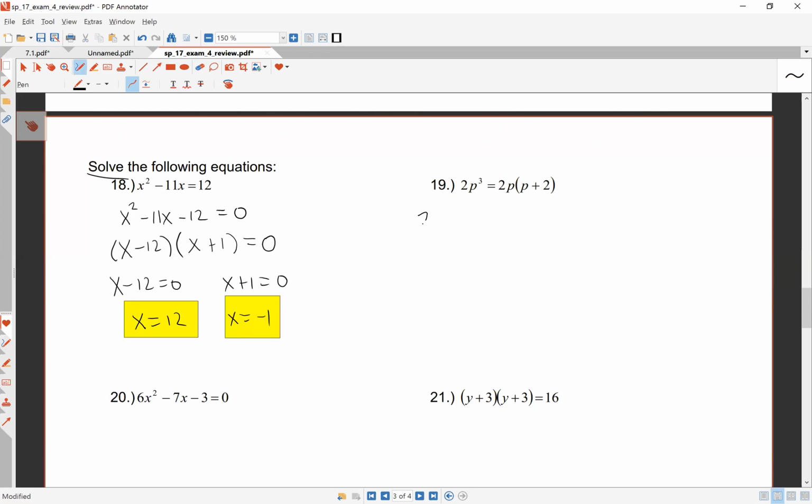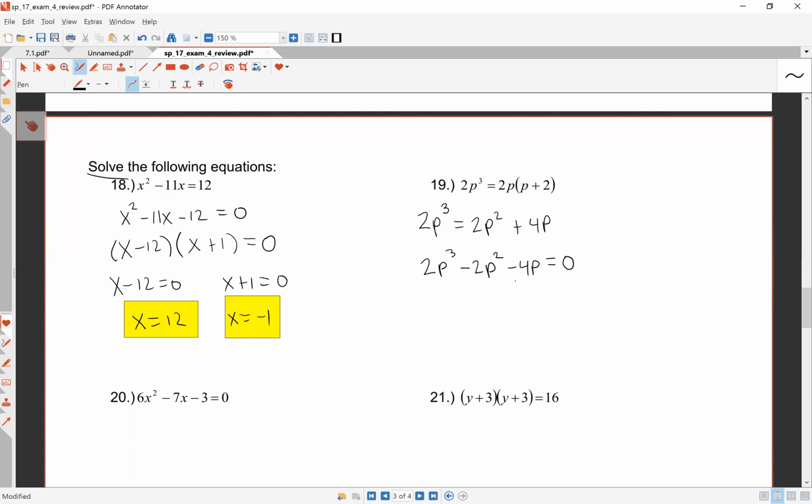Number 19, we have to distribute the 2p across, which gives me 2p squared plus 4p. Now we get 0 on one side. We're going to subtract 2p squared and subtract 4p.